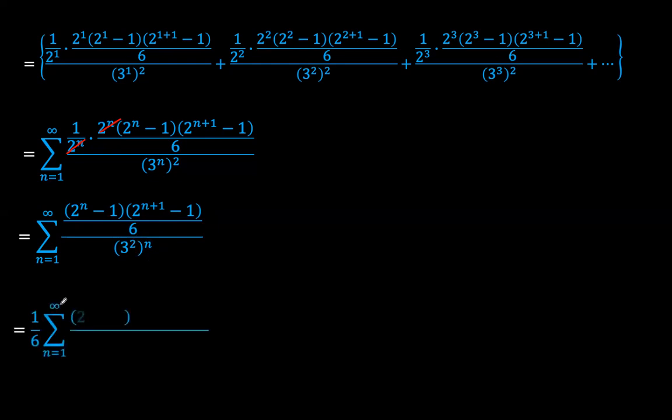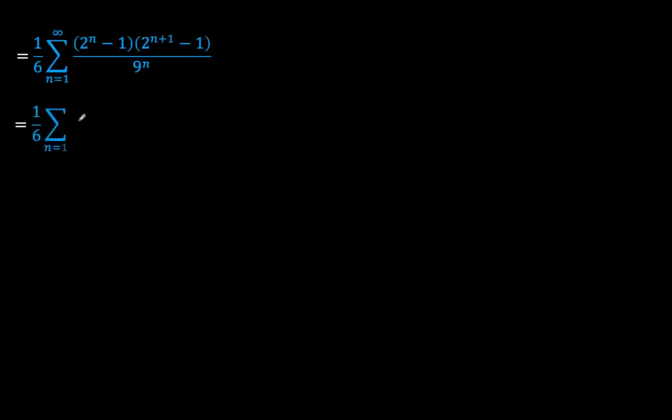And so we can pull a 6 out, and so we have 2 to the power n minus 1 times 2 to the power n plus 1 minus 1 over 9 to the power n, right? So pulling a 6th out, now we can multiply across 2 to the power n times 2 to the power n plus 1. We have 2 to the power 2n plus 1 minus 2 to the power n minus 2 to the power n plus 1. 1 times negative 1 is a positive 1 over 9 to the power n.